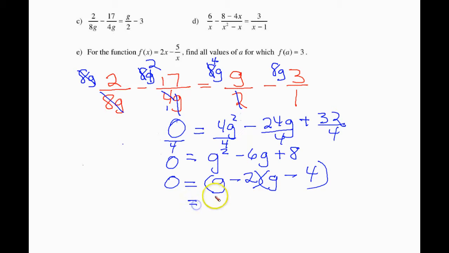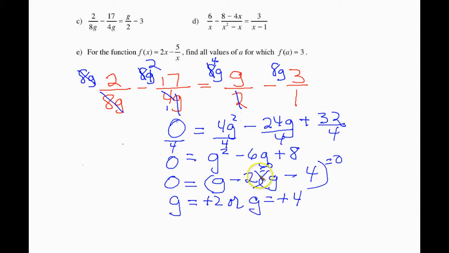So we then get G will equal a positive 2, or G equals a positive 4. I just cut out a step there. Just transpose these. And there's where I get my answers.